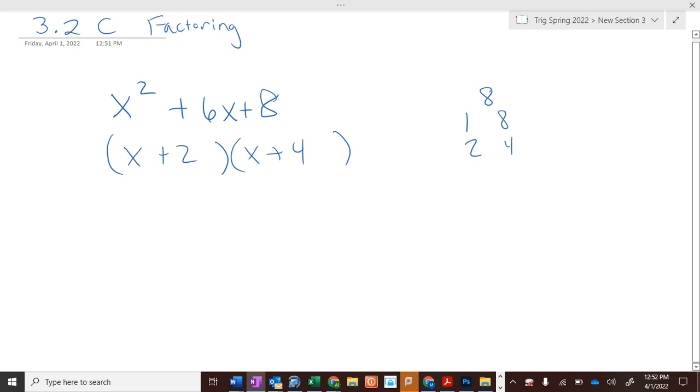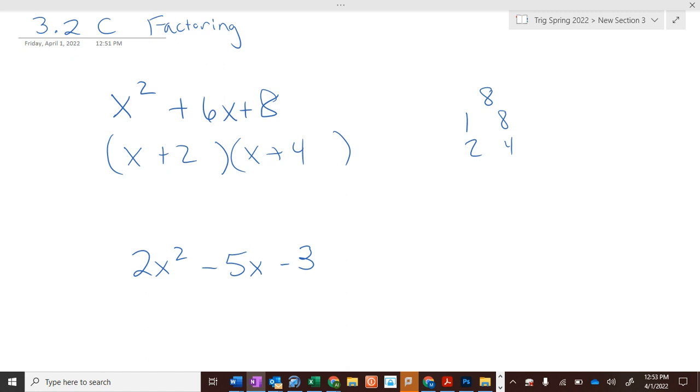Now, what if we have something like 2x squared minus 5x minus 3? Okay, 2x squared minus 5x minus 3. Ooh, there's a number in front of the first term, isn't there?